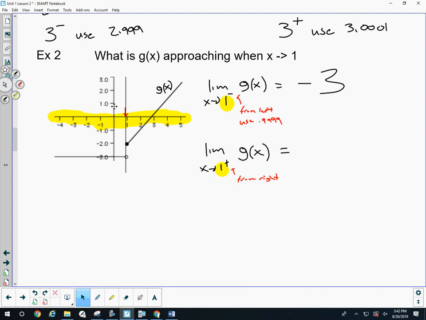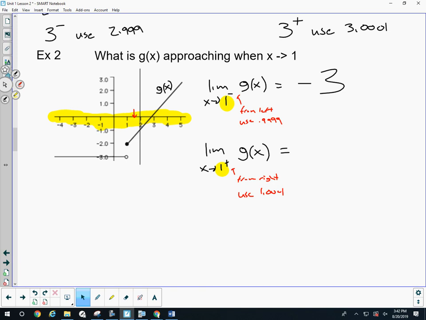Now going on the other side, if I went to the right, well, I would be thinking about getting eventually to 1.0001, okay? But let me just start at like 1.5. Again, the output is straight above or straight below this x value. The x value is 1.5, boom. There is my output. It's like -1.5.